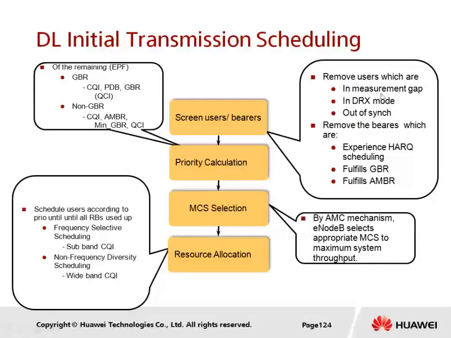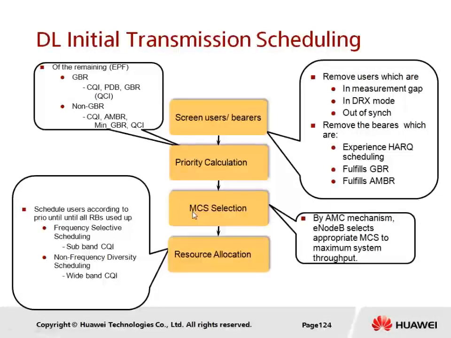Those are the users who are now in a measurement gap, meaning the user is now measuring the signal strength of another frequency, or the users are now in DRX mode, meaning the user has turned off the reception, or the user is now out of synchronization. Then those users will be filtered out, and for the remaining users, the priority is dependent on the GBR bearer setting and non-GBR bearer setting.